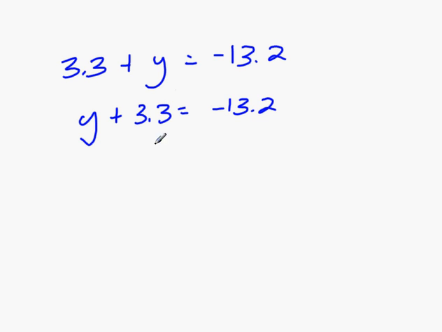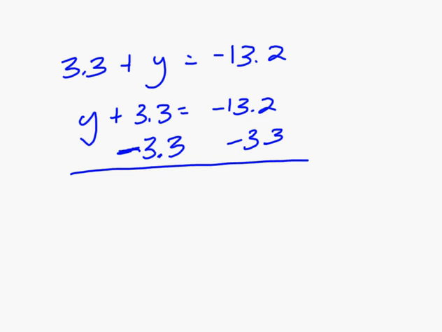Do I have to do that? No, but I like the way it looks better. So I subtract 3.3 from both sides. I'm left with y here, and the difference over here would be negative 16.5.